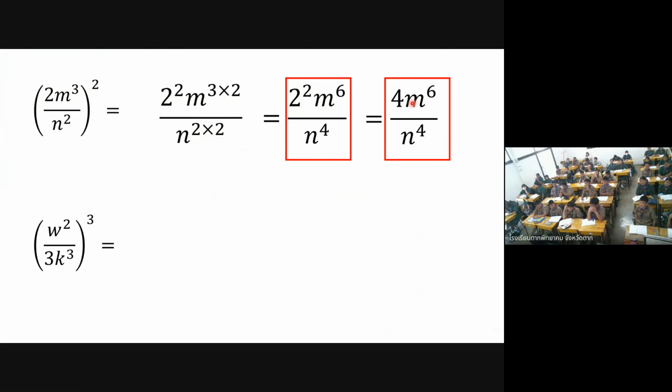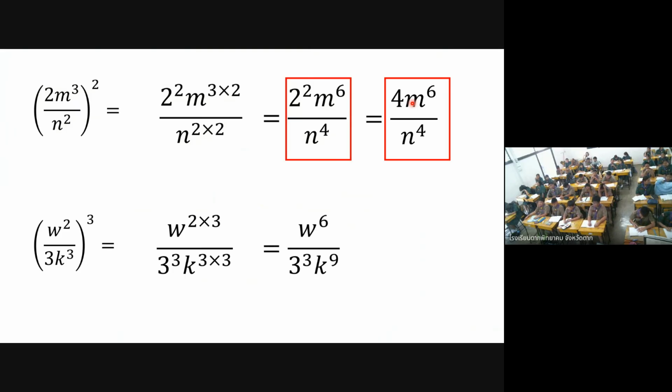What's the answer? W to the power of 2 over 3k to the power of 3, all power 3. W to the power of 6 over 3 to the power of 3, k to the power of 9.